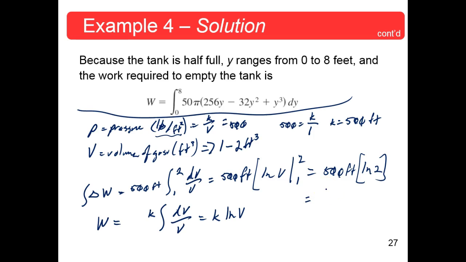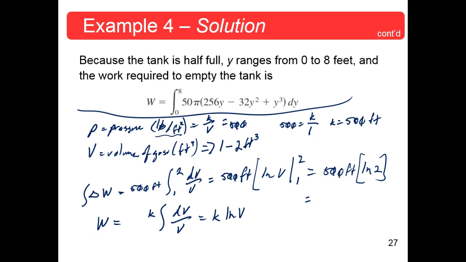Now the problem is the units are a bit messy. I probably couldn't carry it around, but the total work is in foot-pounds. And if you do that, log 2 times 500, hopefully you'll get something close to 347. Do you? 500 times the ln of 2.